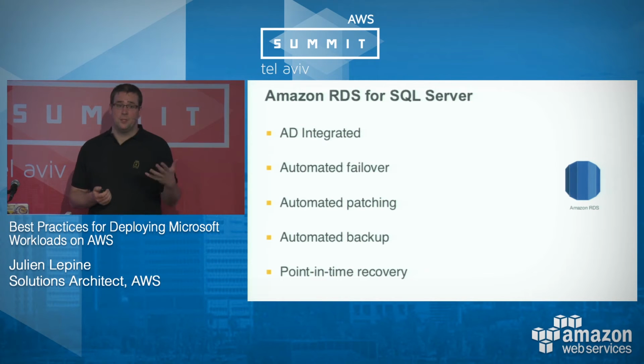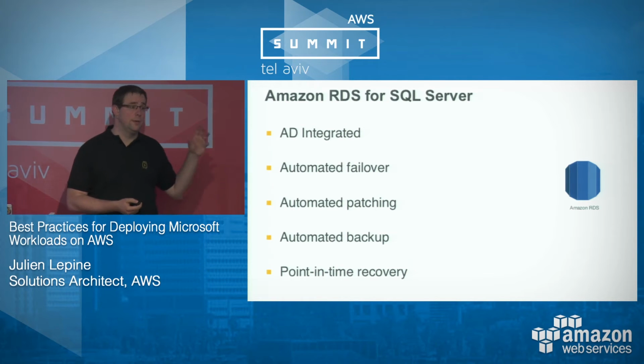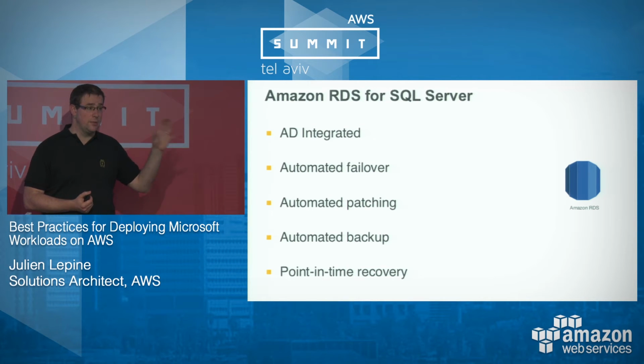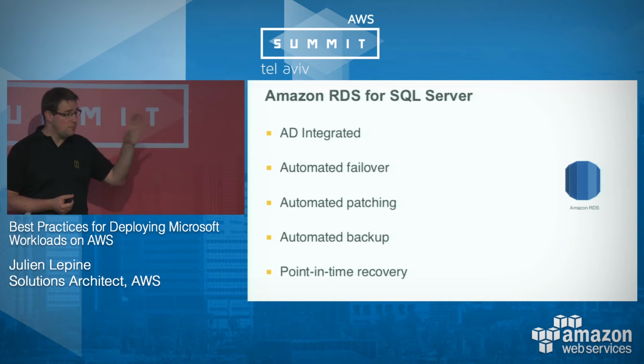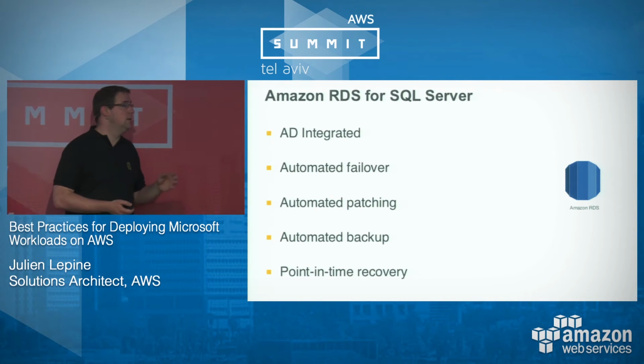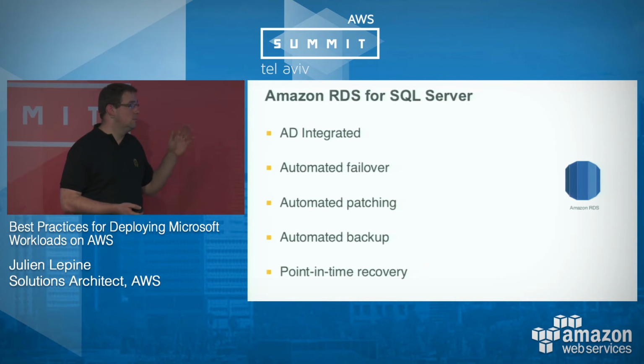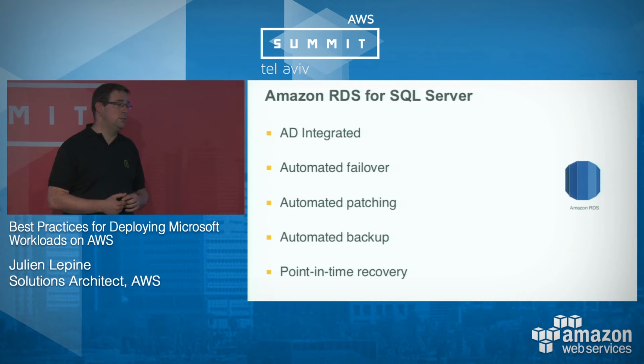Amazon RDS, Relational Database Service, provides you SQL Server in a highly available environment, so think synchronous replication between two machines plus witness as a service. Everything is managed for you, so to create an environment, it's a few clicks in the console, or within Visual Studio if you want to do that directly.